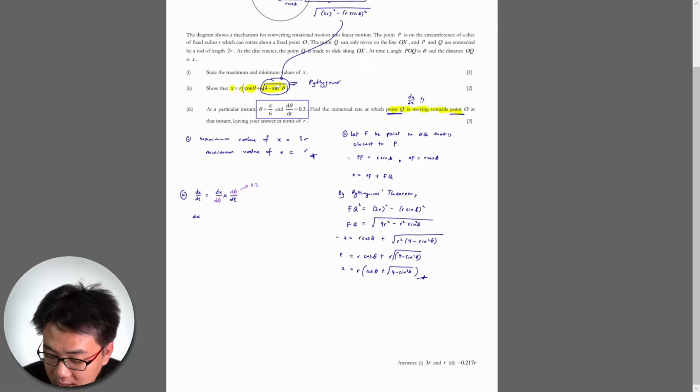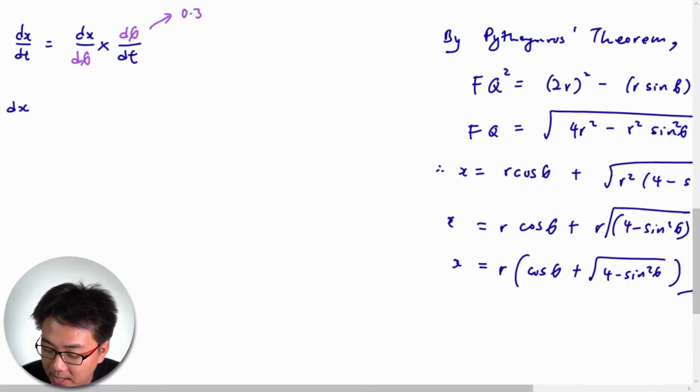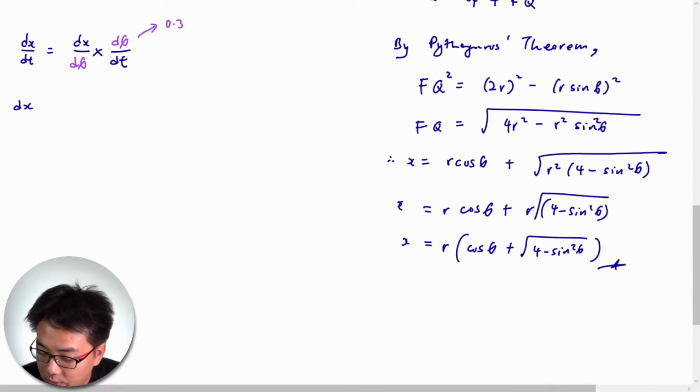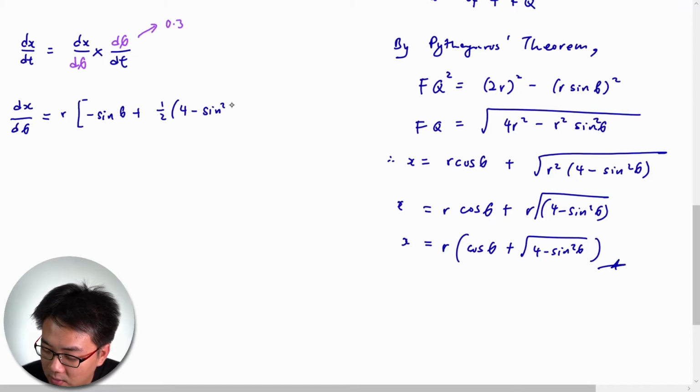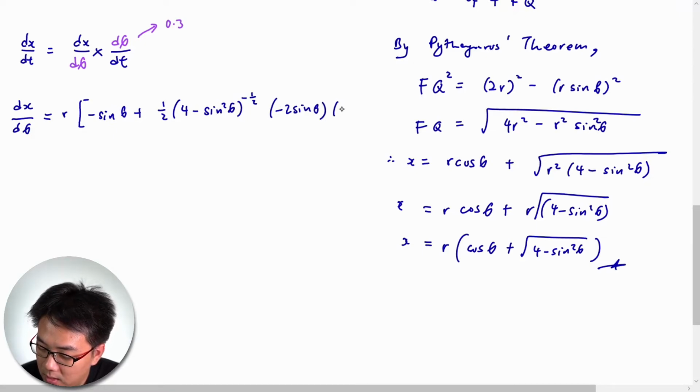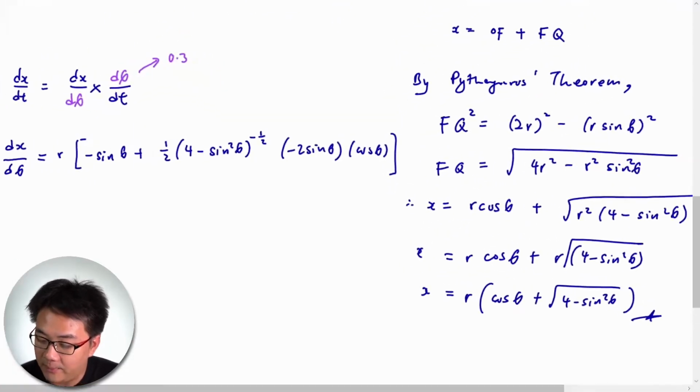Take note, if you can't do the second part, at least for the third part you could just use the result from the second part. Differentiate cosine, gives you negative sine theta, plus half 4 minus sine square theta to the power of minus half, times minus 2 sine theta cosine theta. So this is the value that I get.